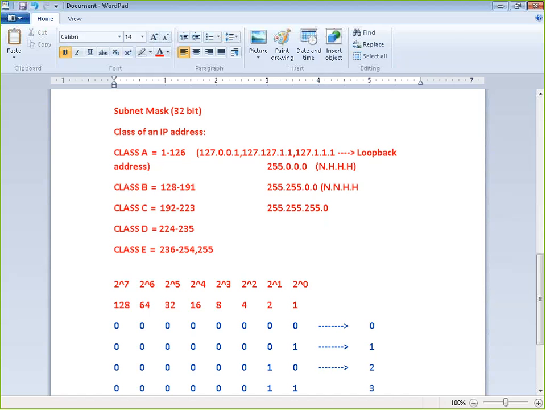For class C with the default subnet mask, the first three octets are the network address and the last octet is the host. All of this depends upon the default subnet mask. That's the reason it is important to understand an IP address plus the subnet mask to identify the network address and the host address. Do you get that now? Very clear?